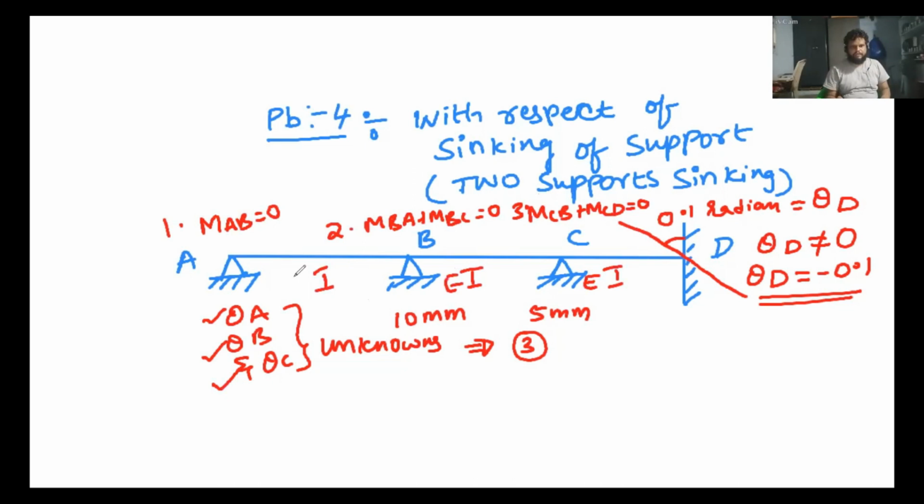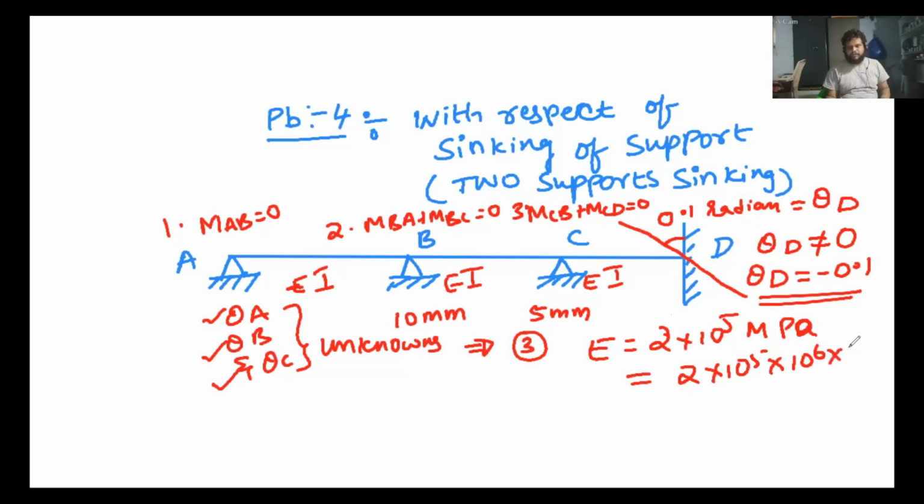E is given as 2 into 10 to the power of 5 megapascals, or otherwise these megapascals you can directly write as Newton per mm square. Mega means 10 power 6, and 1 pascal is Newton per meter square. This meter I have to convert into mm, so this will become 10 cube mm whole square.